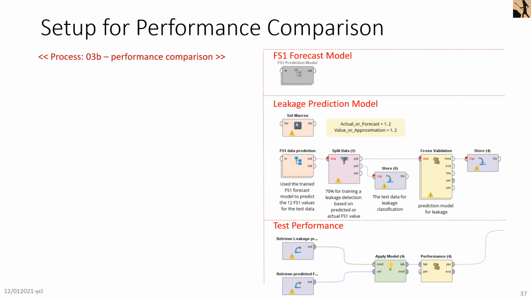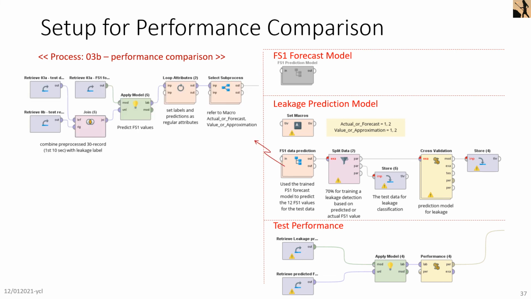So then below is what we just showed for the second phase flow, right? And then the set macro here definitely will pick up a specific configuration for us to run. For example, here I run this, and say I want to use the approximating coefficient of FS1 values instead.